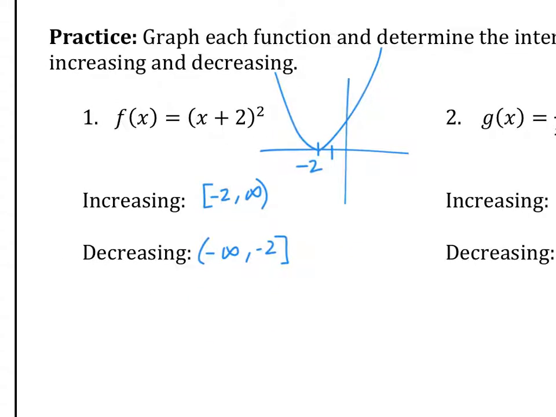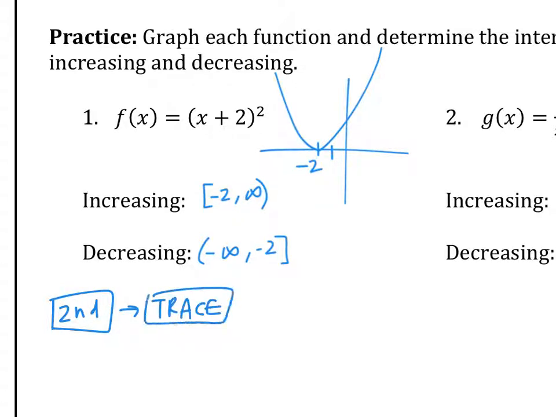You're going to do the same thing you did before. So you're going to go to second, trace, which gives you the calculate option. And now what you're going to look for is minimum. So we used to go to calc and then 0 to find where it crosses the x-axis. Now we're going to go to minimum because that's the lowest point.